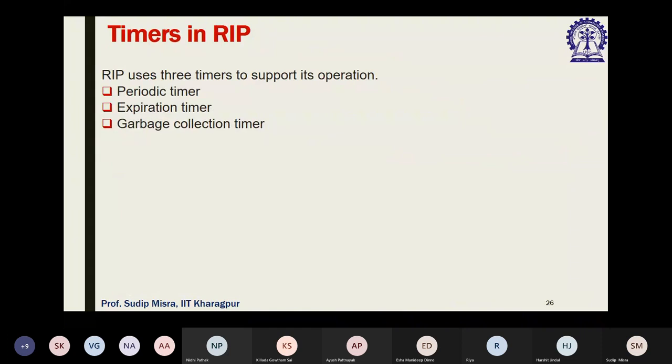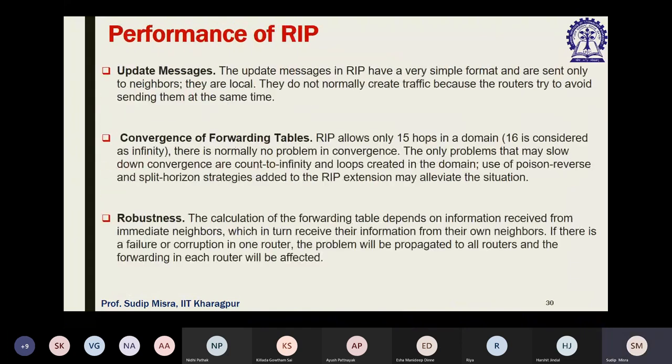The timers I have already told you about. Just for the sake of your understanding, you can also go through the different performance parameters for the routing information protocol: how often the update messages are sent, and how often the convergence happens in the forwarding tables.